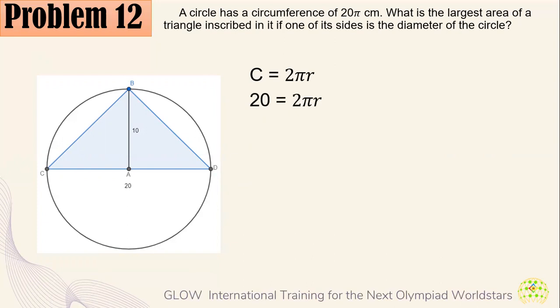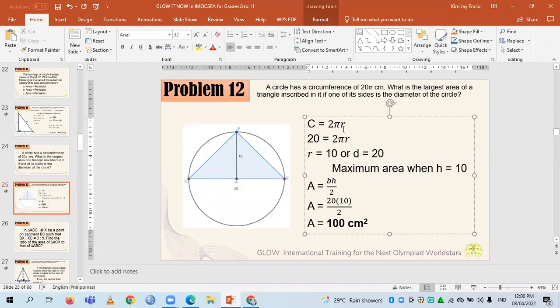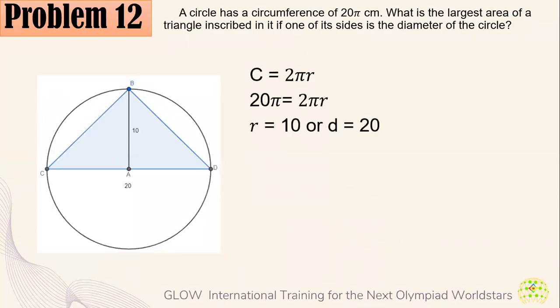Since the circumference is 20 pi here for this case, based on our problem, 20 pi is equal to 2 pi r. And if we divide both sides by 2 pi, then your radius is 10 units, or it follows also that your diameter is 20.